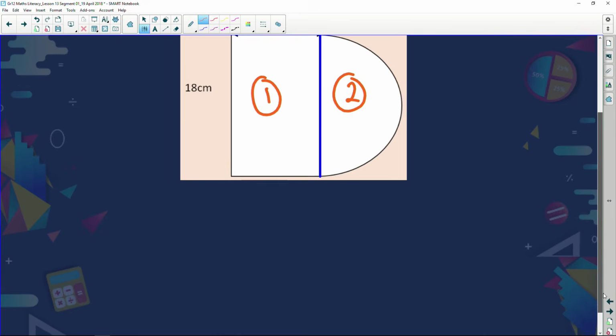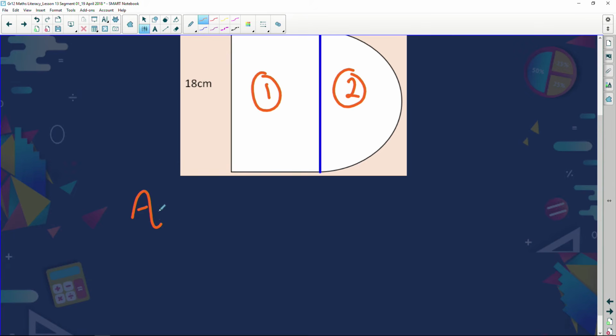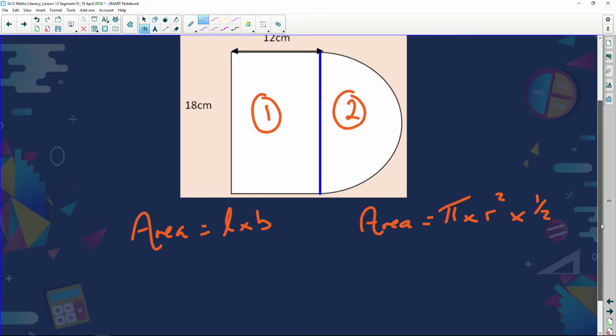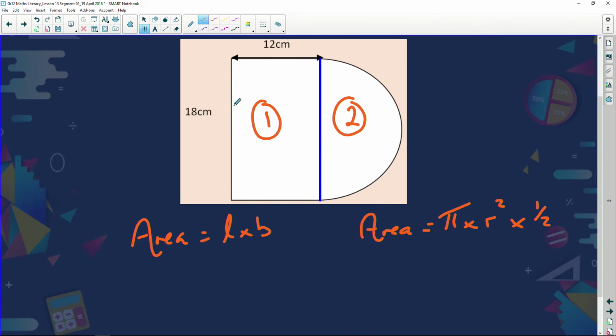So I know that the area for a rectangle is length times breadth. The area for a semicircle is pi times r squared, but I've got half of it because it's half a circle. When I look at my rectangle, I know that I have a length of 18 centimeters and I have a breadth of 12 centimeters.